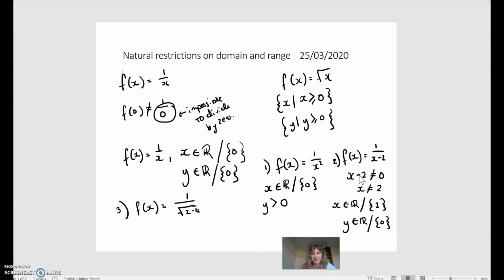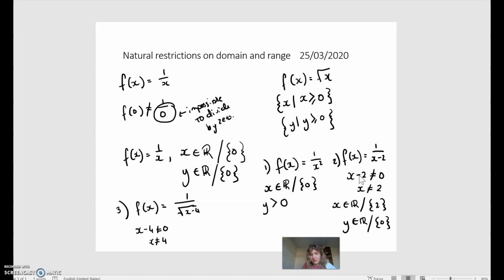So, f of x equals 1 over the square root of x minus 4. Again, there's two things here which are restricting the domain. One is the fact that it's a fraction, one is the fact that it's a square root. So this can't be 0 and it cannot be negative. So we're going to take x minus 4 and find where that does not equal 0. So x cannot be equal to 4.